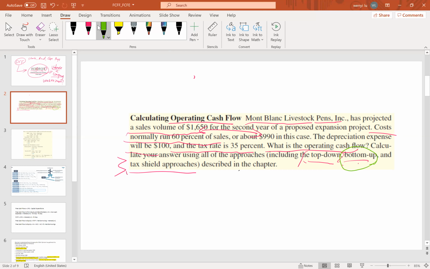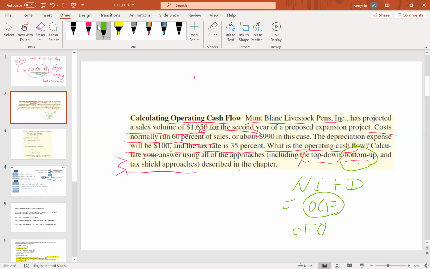From our pro forma income statement, we start from net income plus depreciation, which is operating cash flow. Operating cash flow also has a different name: cash flow from operations. So next time if you see CFO or OCF, they actually mean the same thing.